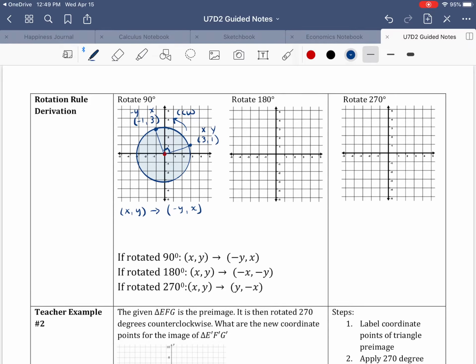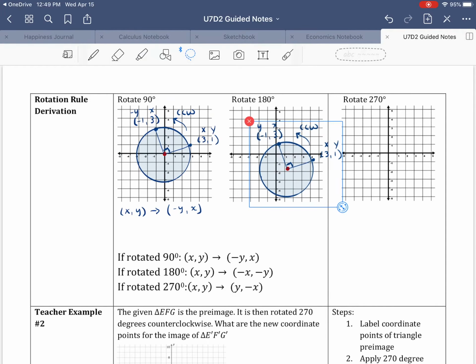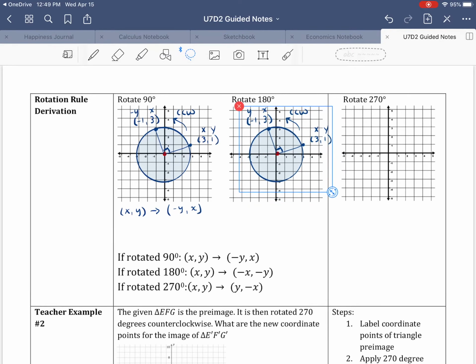All right, now when we think about a 180-degree rotation, we can take that entire thing, but do it one more time, right? So we're going to go another 90 degrees, which will end up with that line right there. Here's another 90 degrees.